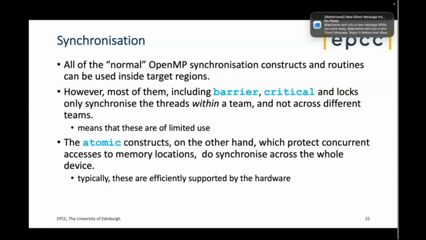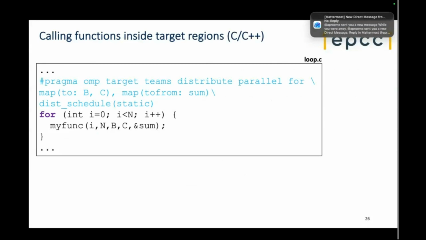Atomic constructs, because they protect the memory, can be issued from any team. So it's safe to use atomics also across teams, even if different teams touch the same memory location.